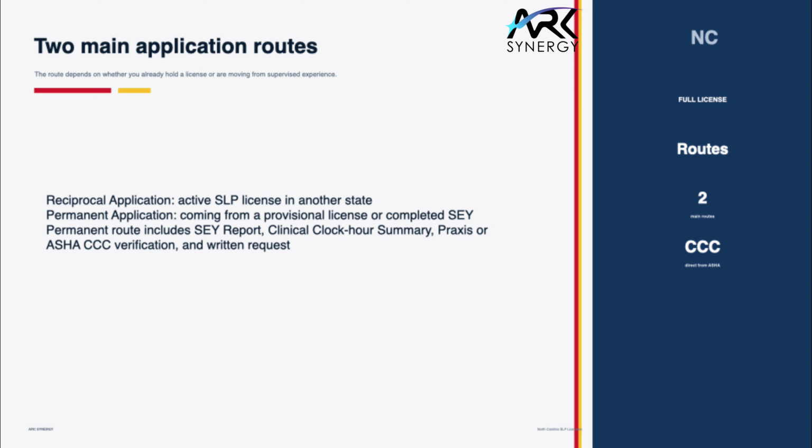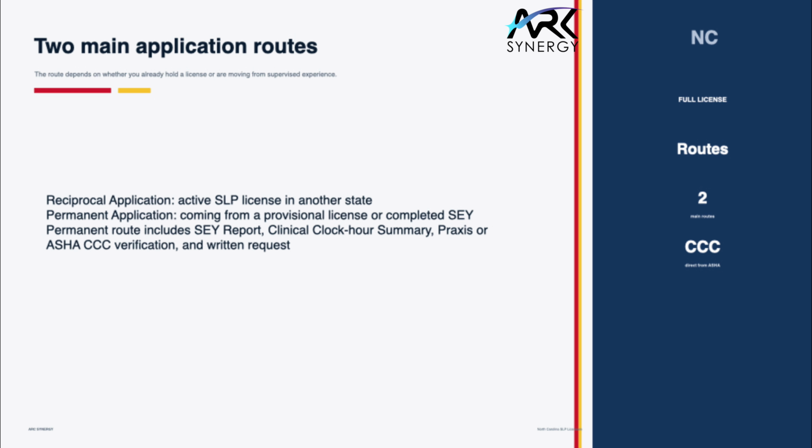You will also need an official transcript showing your conferred degree from your institution sent to the North Carolina board. If you hold an ASHA CCC, you can send a verification directly from ASHA to the board, and that would satisfy the requirements to apply for a license in North Carolina.